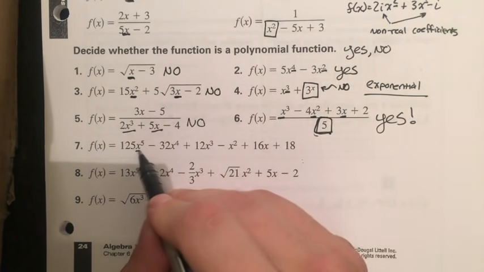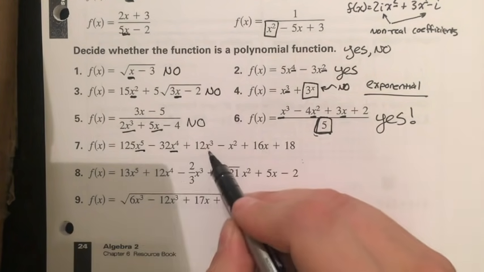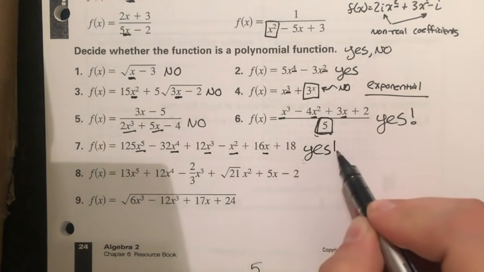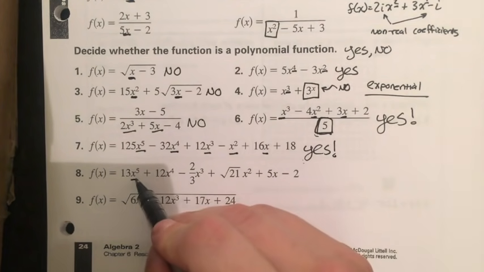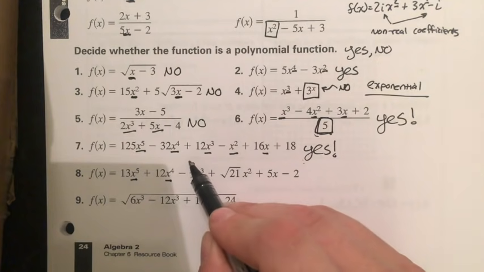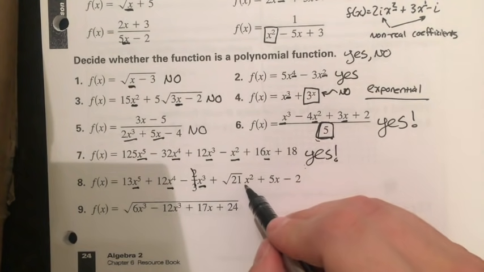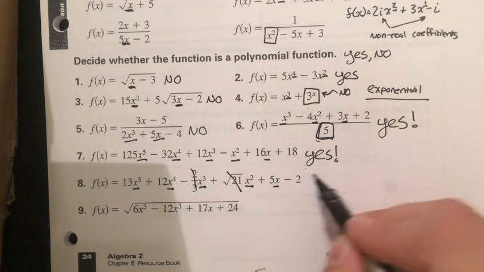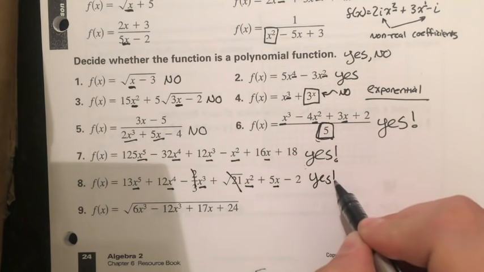Number 7, x to the 5th, x to the 4th, x cubed, x squared, x. Yes, polynomial. X to the 5th is good, x to the 4th, x cubed, don't care about the 2/3, x squared, don't care about the square root, x, also good.